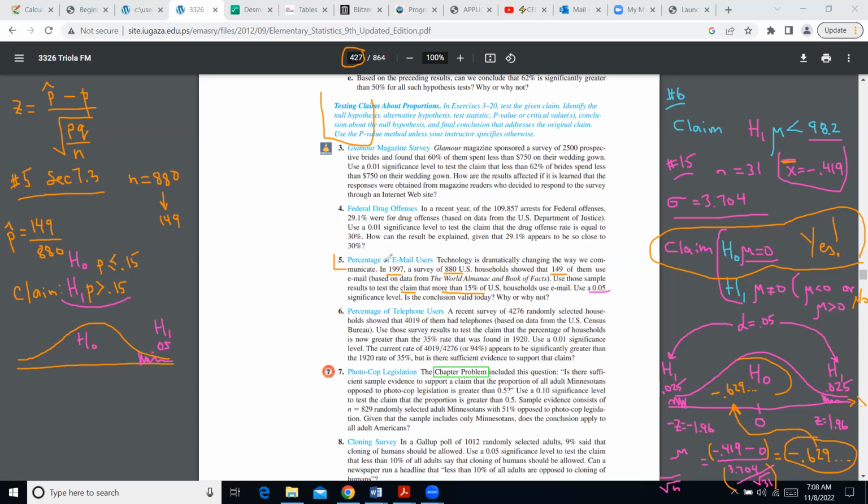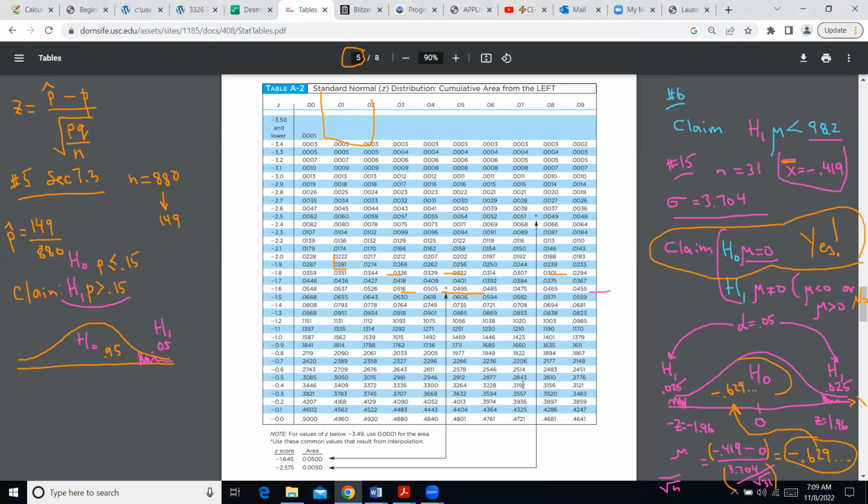So it looks like, just like in the previous exercise, we have a standard start, but now I need to utilize 95%, because I need to get the area on the other side. Remember, we always try to get that area from the left, because tables give us area from the left.